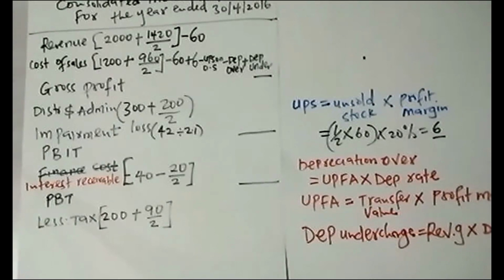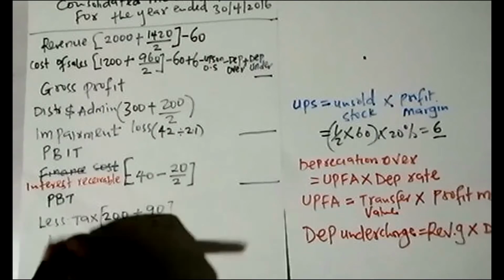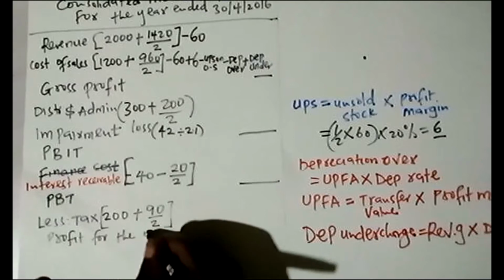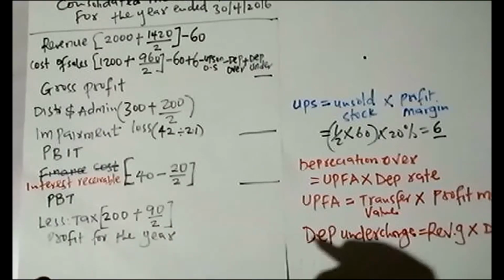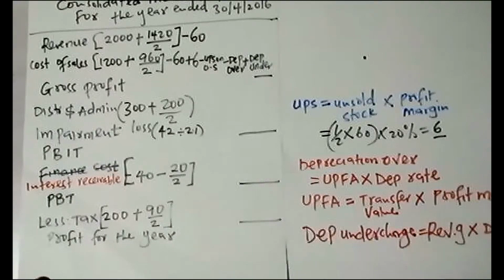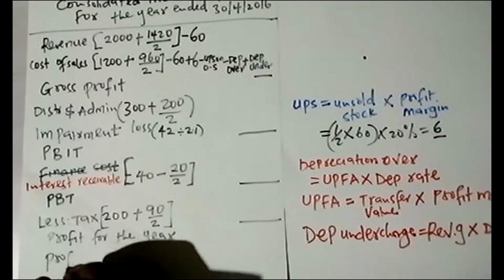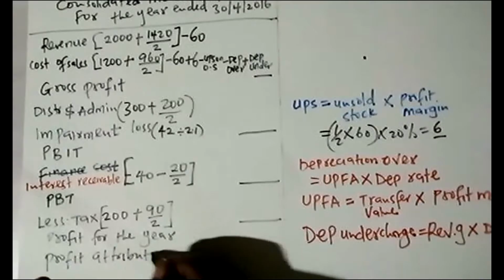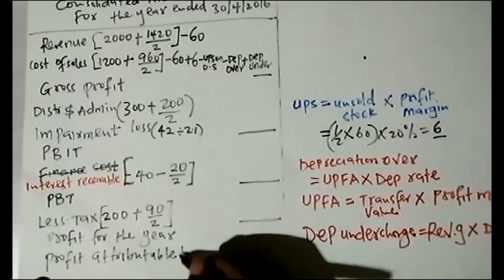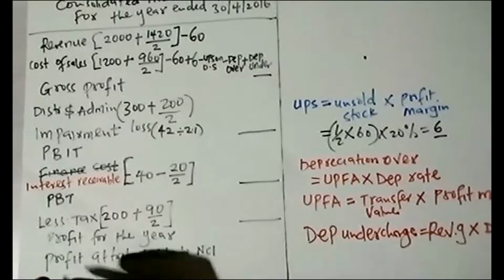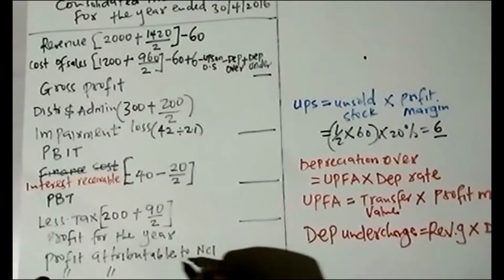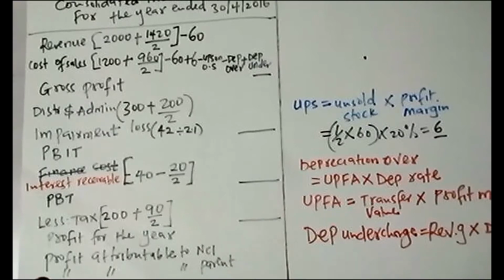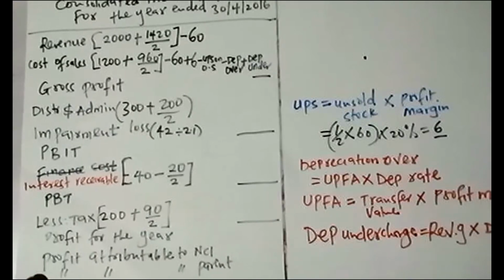So that I get profit for the year. After getting profit for the year, I will say profit attributable to NCI, and profit attributable to parent.